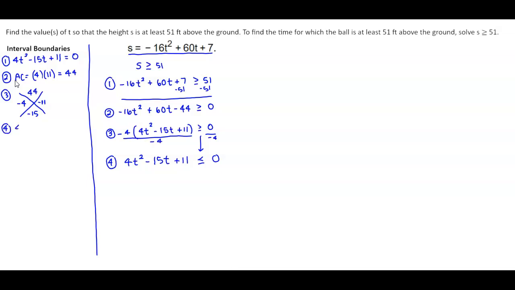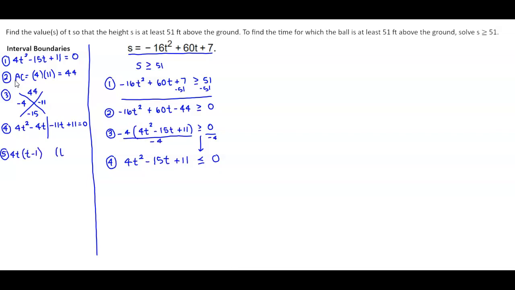So therefore we have 4t squared minus 4t minus 11t plus 11 equals 0. We're going to draw a line in between the two pairs of terms so we can factor out the common factor of the first two terms, which is 4t, and what's left is t minus 1.